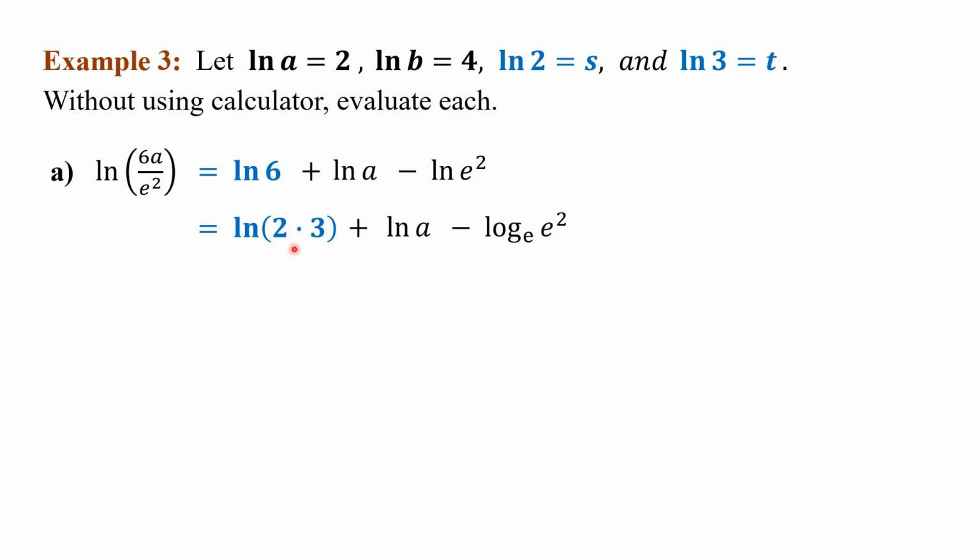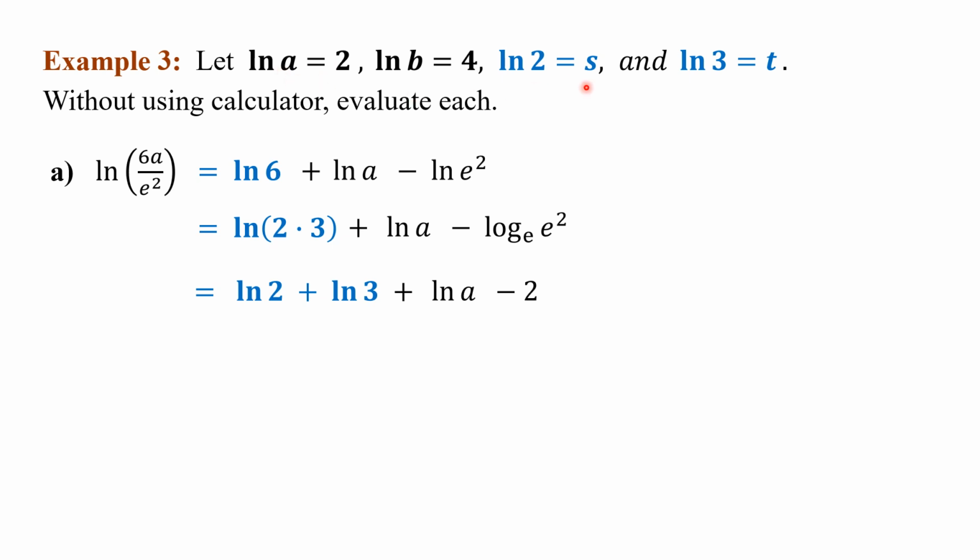This ln of 2 times 3 is a ln of a product, which we can write as a sum of ln: ln 2 plus ln 3 for the first term. Then copying the second term, and ln e squared is equal to 2.